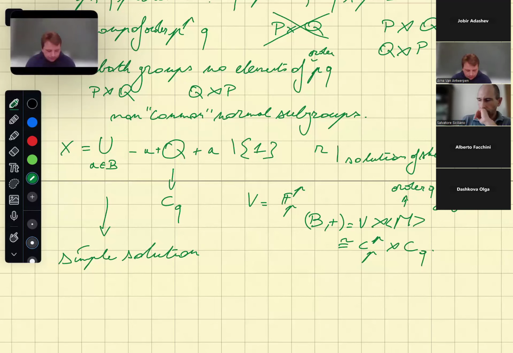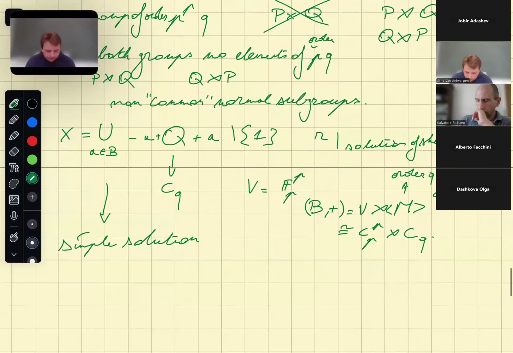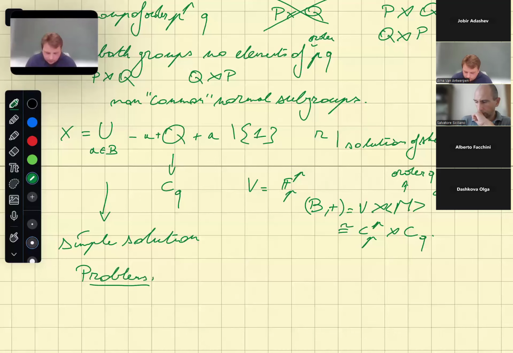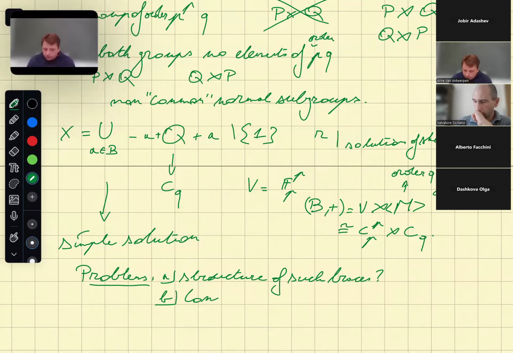Some problems, as I mentioned, were determining the structure of such braces that can appear. Are there constructions for particular families of such braces?